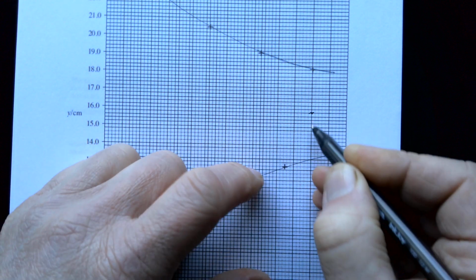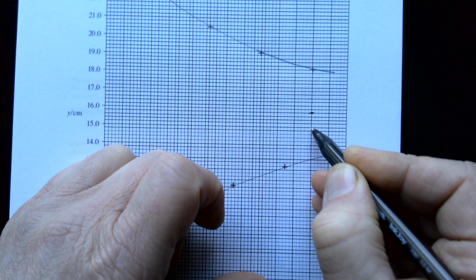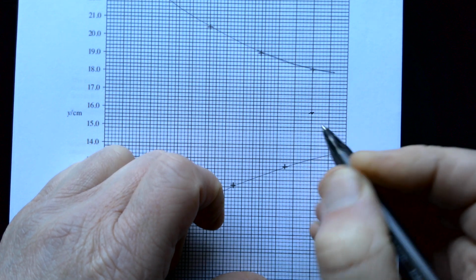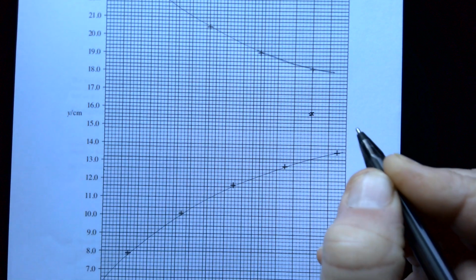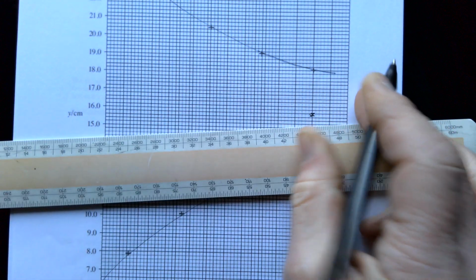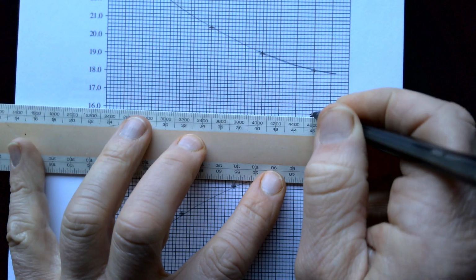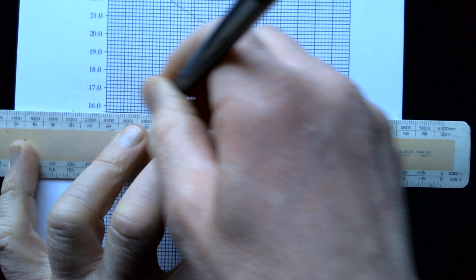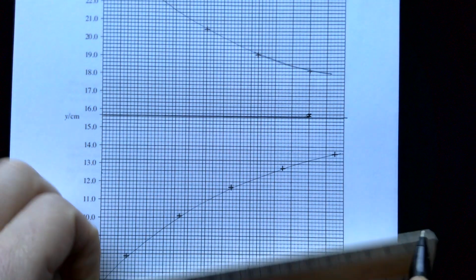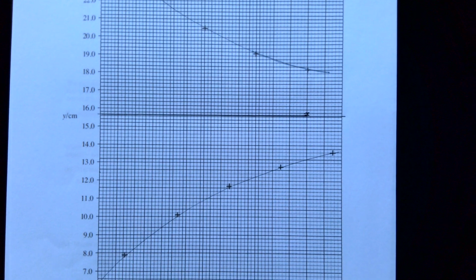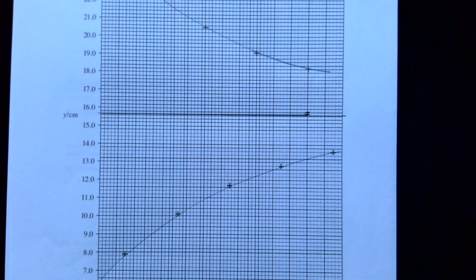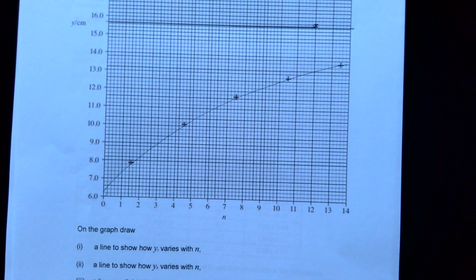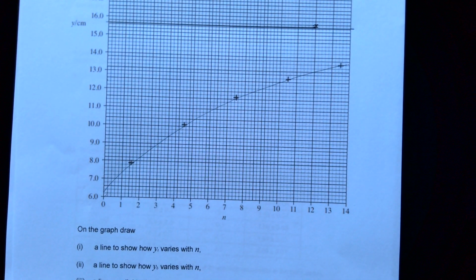It looks like it's 12, 2, 4, 6, 8, 10, 12, 13, so it's actually halfway down, so it's another half square. And then you can put your line across. Okay, so there's one mark on each of those, but it should be symmetrical. Okay, there you go, nice and simple. So that's an easy-ish set of 2 marks. Surprisingly hard though, so it's almost worth practicing a few curves.